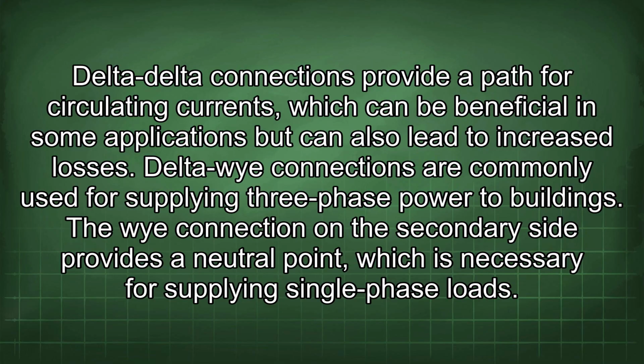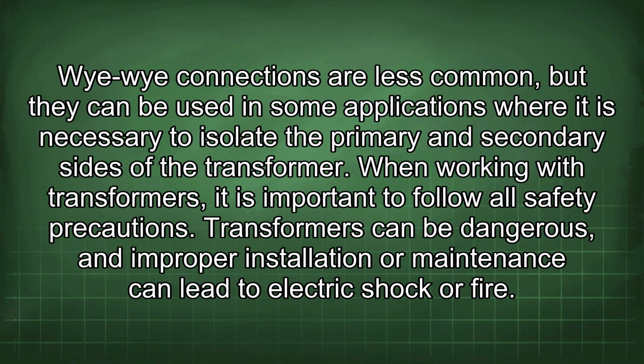Delta-Y connections are commonly used for supplying three-phase power to buildings. The Y connection on the secondary side provides a neutral point, which is necessary for supplying single-phase loads. Y-Y connections are less common, but they can be used in some applications where it is necessary to isolate the primary and secondary sides of the transformer.